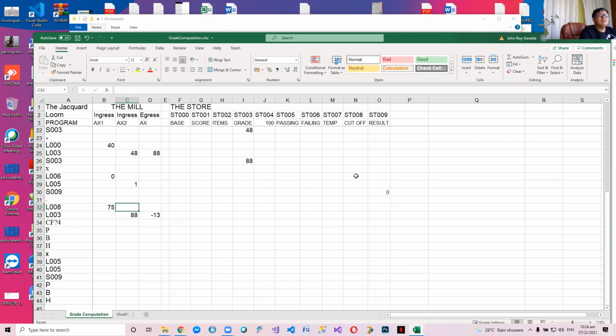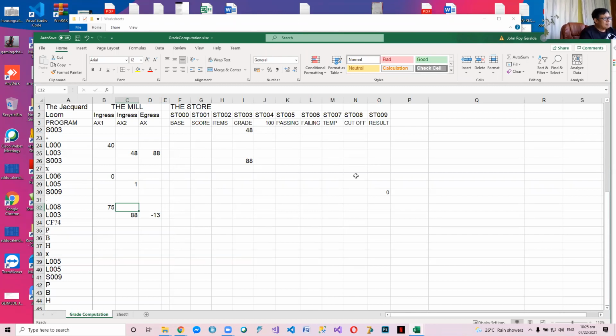It should be 74 actually, no? Because 75 minus 75, that's passing. What will 75 minus 75 do? 1 minus 1 will proceed, will set.